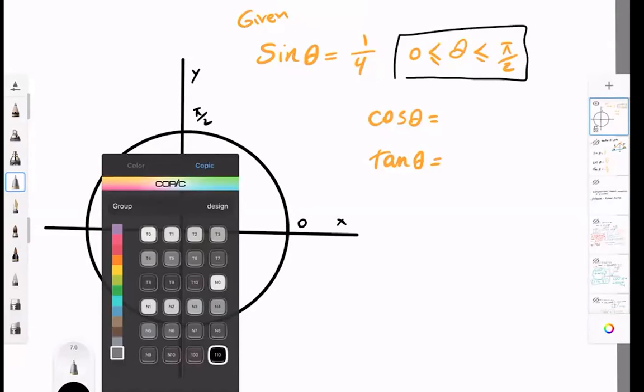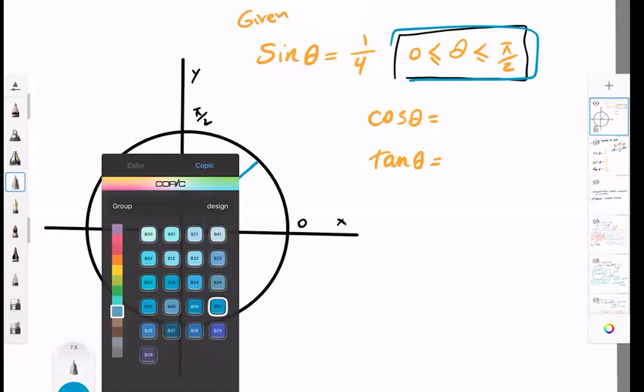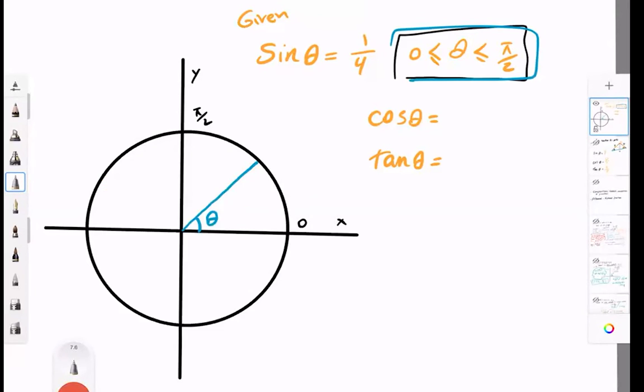I'm going to randomly call this one theta. Why did I draw it in the first quadrant? Because they're saying theta is between 0 and pi half. So I randomly make a theta, and then I create a right triangle.